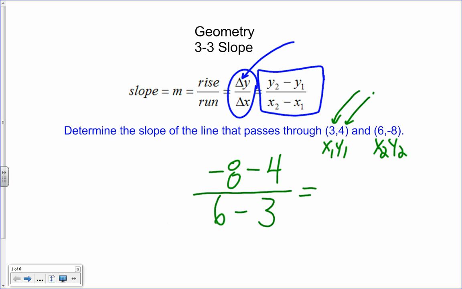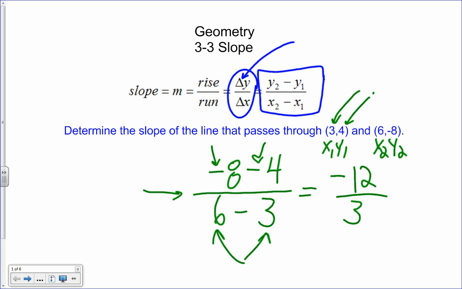Because really, what is this division bar? It's actually a grouping symbol. It's not one of them we think of. It's like parentheses or brackets. Do everything on top first, everything on the bottom next, and then put them together. So I basically owe somebody 8, and I owe them 4 more, so I owe them 12, right? On the bottom, I have 6, and I have to give away 3, right? And so the end result is 3.